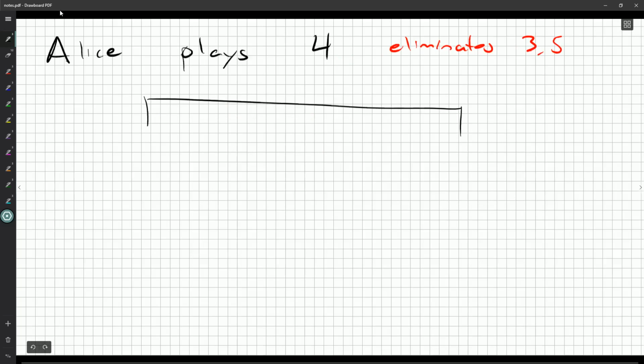Alright, so the last situation, Alice plays 4, and this eliminates 3 and 5. And again, I think we're going to have Bob play in the little pocket area, maybe. So Alice plays 4.